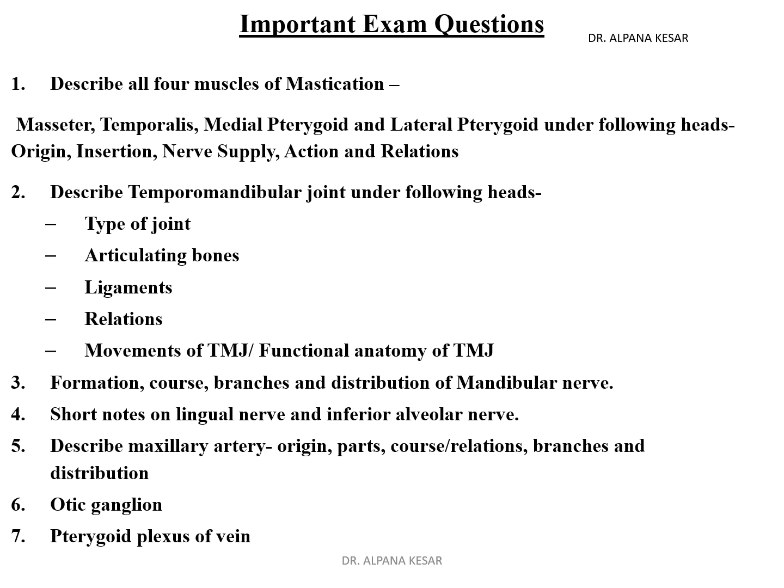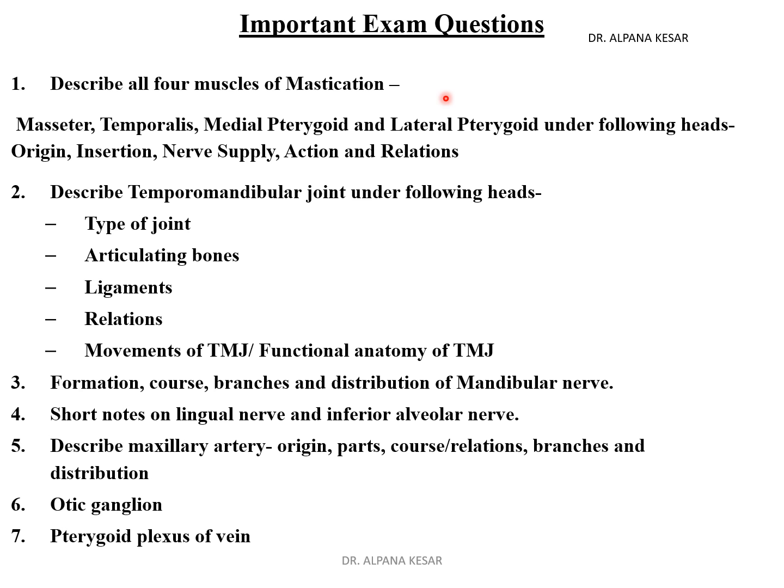Infratemporal fossa is a very important exam topic for the dental students. Students should be thorough with each and every part of the topic infratemporal fossa. Some of the frequently asked questions include: describe all the four muscles of mastication, namely masseter, temporalis, medial pterygoid, and lateral pterygoid, under the following heads, that is origin, insertion, nerve supply, action, and relations.